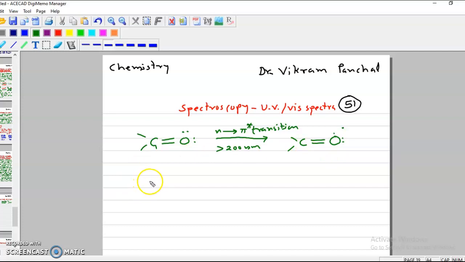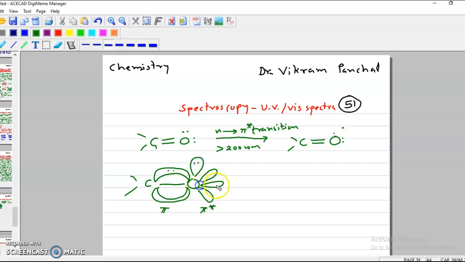With orbitals figured, see this one, carbon and oxygen have a pi bond and a sigma bond. There are two pi electrons in carbon and oxygen. These are pi star orbitals. This is the pi orbital, and oxygen has two lone pairs of electrons in two non-bonding orbitals, n orbital.